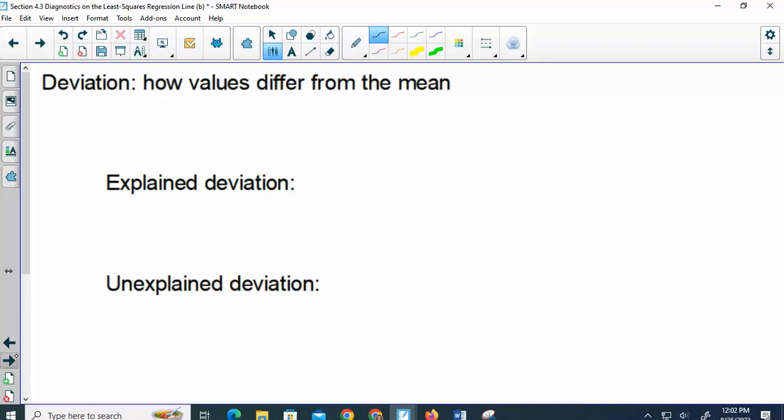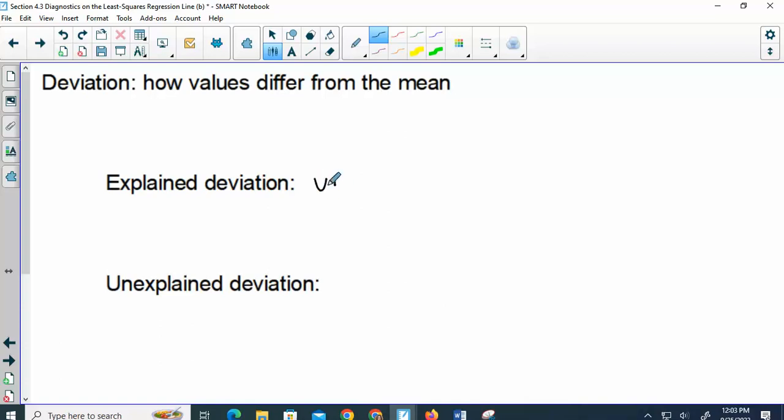When I'm talking about deviation, deviation is just how values are different from the mean. We can find our y bar on that worksheet we just did. The mean in Y was like 11, but not every value was 11, right? So deviation is how they are different from that mean.